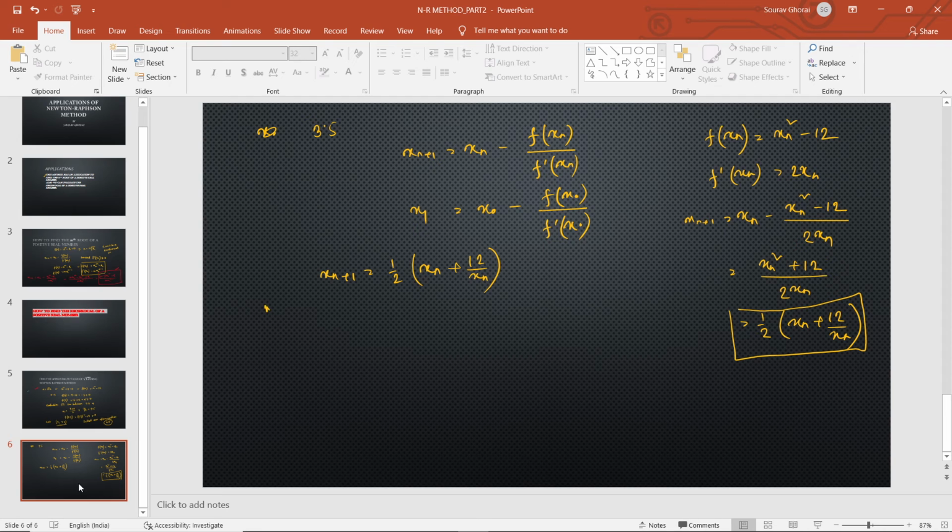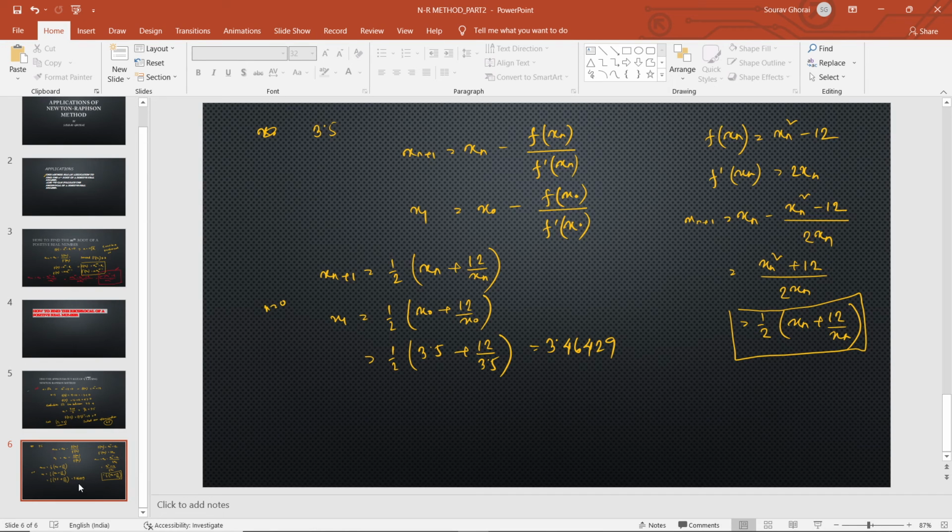If we put n equal to 0, I get x1 is equal to half of x0 plus 12 by x0, that is half of 3.5 plus 12 by 3.5, and if we calculate we will get 3.46429.